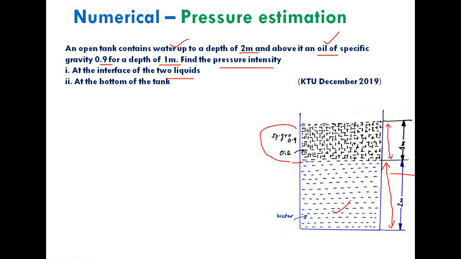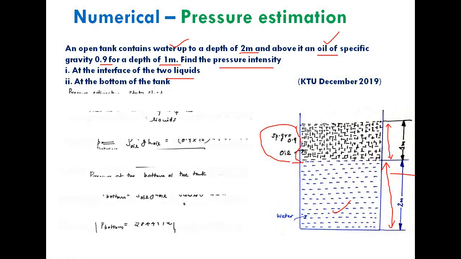So if you want to find out the interface pressure, what should it be? Interface pressure will be the pressure exerted by the column of liquid on the top. Always, P equal to rho g h, where h is the height of the liquid column above that location where pressure is to be estimated. So at the interface, h equal to 1 meter.